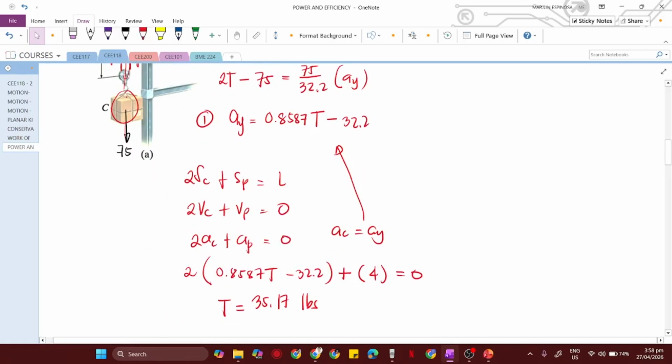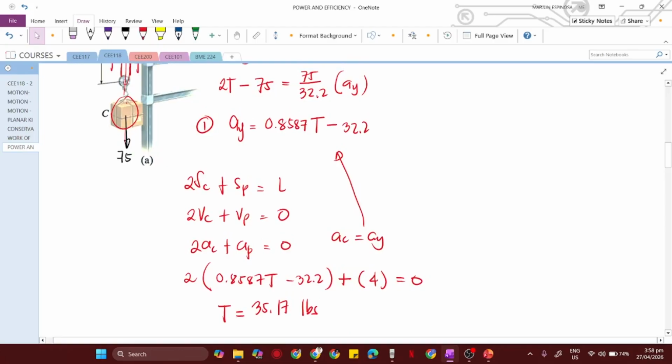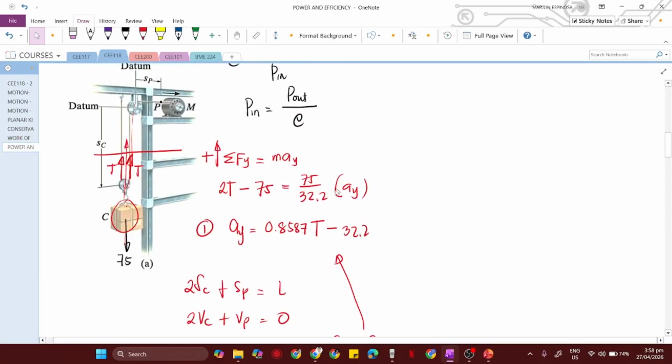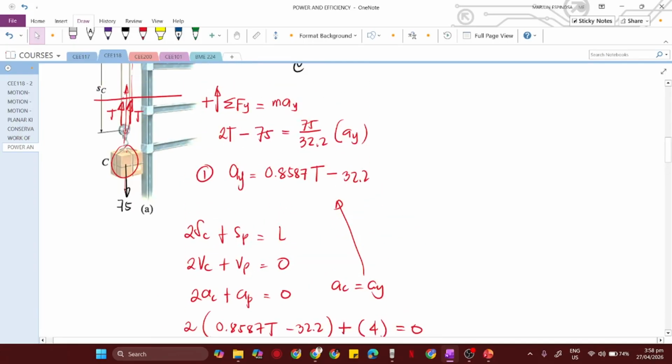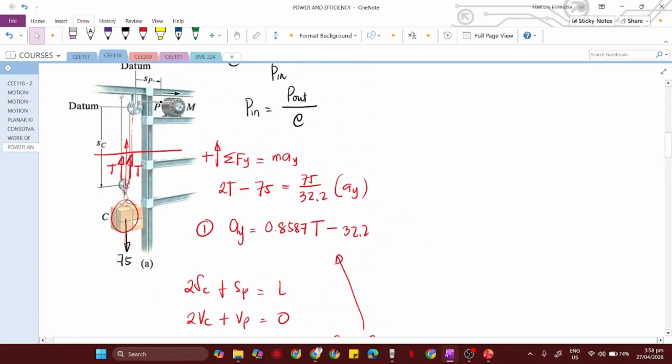Hold on. May mali talaga ba? Dapat kasi 39.83. I don't know saan ako nagkamali. So, wait sa 75.